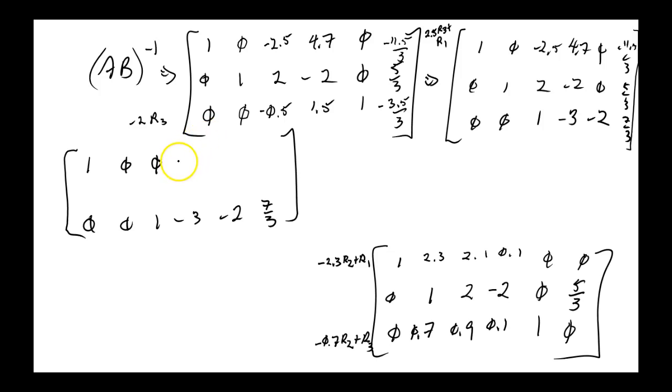Negative 2.8. Okay, I'll take your word for it. I hope you did it right. Okay. Then 2.5 times a negative 2 will be a negative 5. And what is that up there? A 0. So that's just going to be a negative 5, isn't it? Yes. Okay. And then a 2.5 times a 7/3.